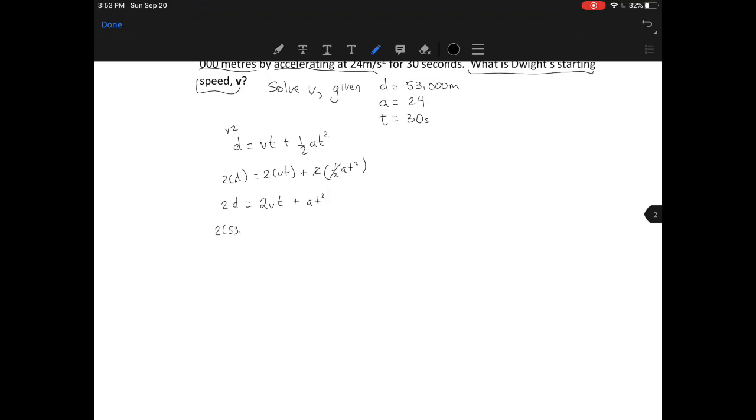So now let's substitute our values in. D, they told us, was 53,000. 2, we don't know V, but we know T is equal to 30, plus A, which we know is 24, T, which we know is 30, squared. Now we've got to simplify and solve.